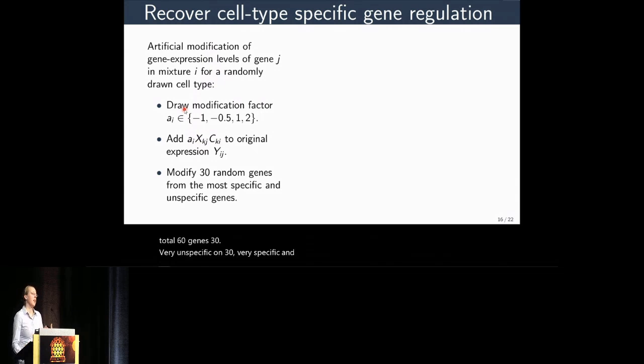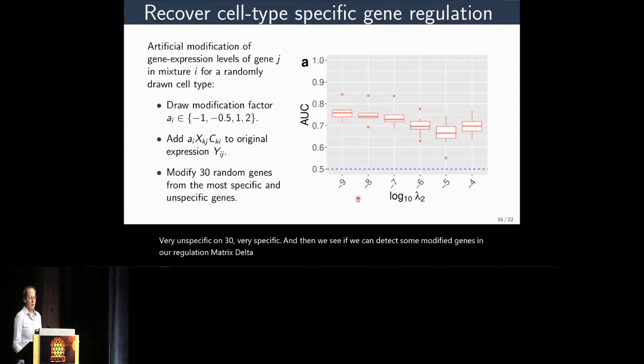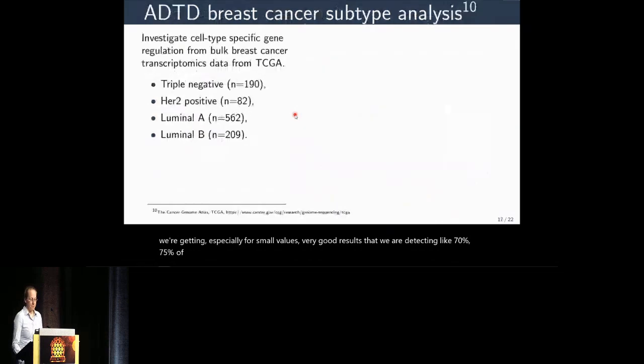Then we see if we can detect the modified genes in our regulation matrix delta. We can see this for different regularization parameters. We get the area under the curve, showing how many of our manipulated genes we are detecting, and especially for small values we get very good results, detecting like 70%, 75% of our manipulations.